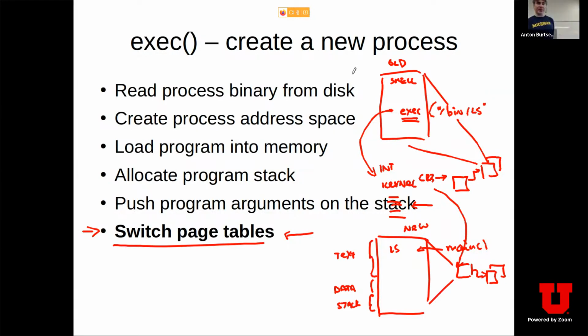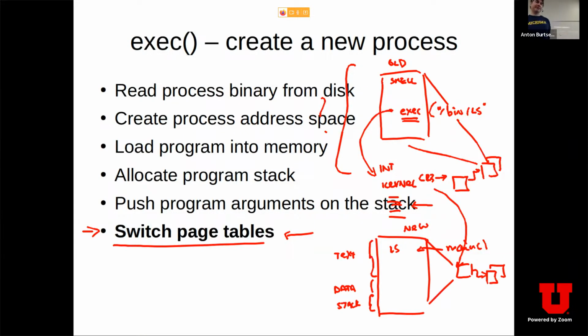And what are we going to do with the old one? Do we need it at all? Because in case of exec error, we need to return the value from child to parent.